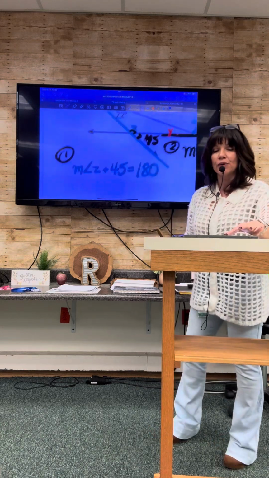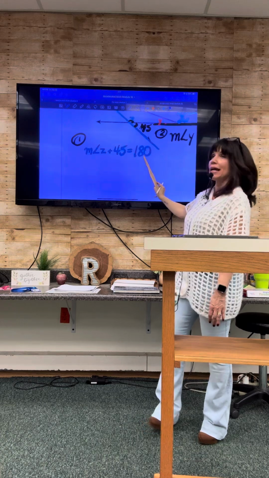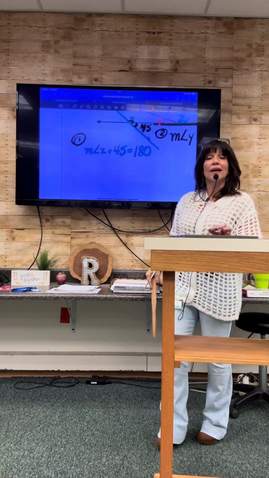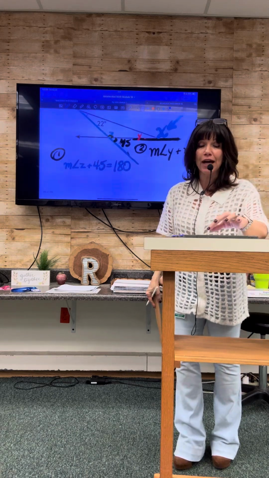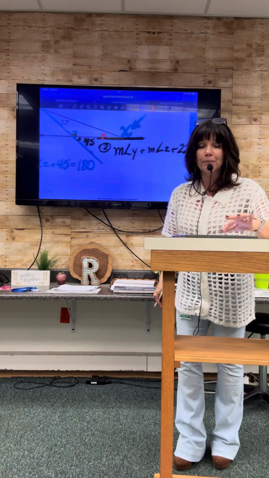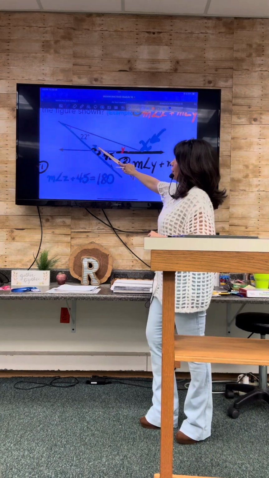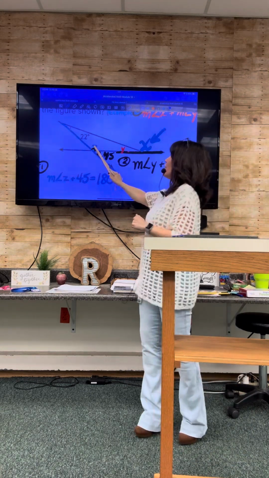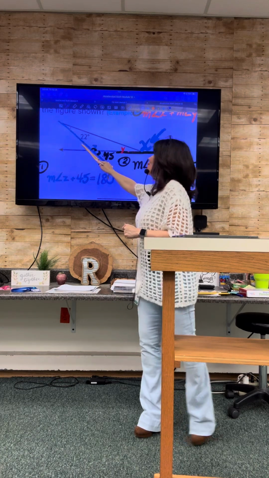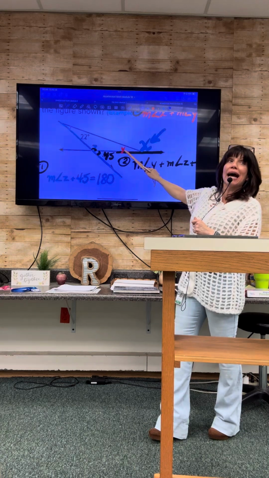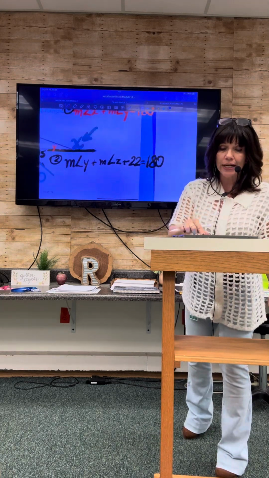Do you see how that's what I had you write for step 1? Measure of angle Z plus 45 equals 180. You would solve that to find the value of Z. Once you have found the value of Z, you would go to step 2. Once you know this number, you would take the value of Z plus 22 plus the angle we labeled as Y, and say that it equals 180.